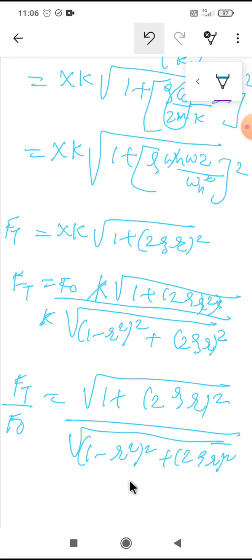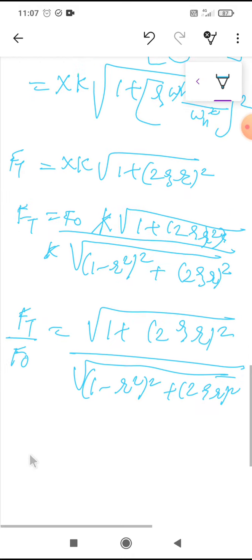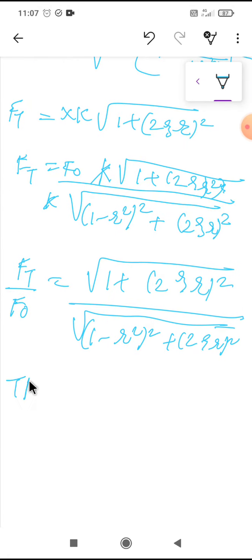So this is ft by f0. So this is force transmitted to the initial force f0. So the ratio of force transmitted to the initial force, that is the amplitude of the force transmitted to the foundation to the amplitude of exciting force, ft by f0, is called transmissibility, that is tr.